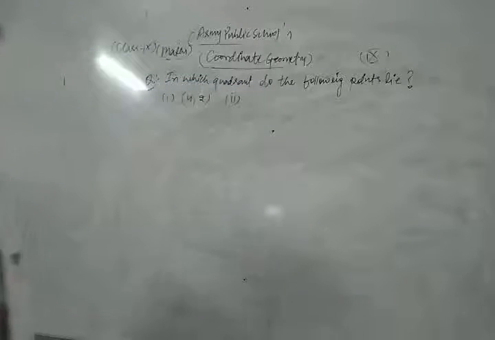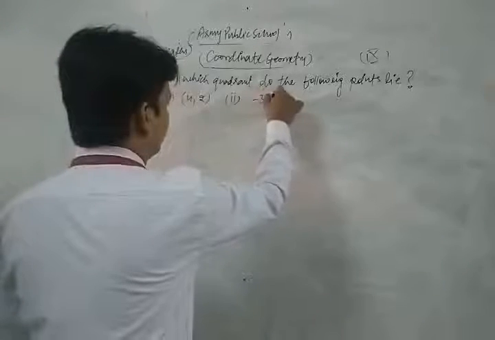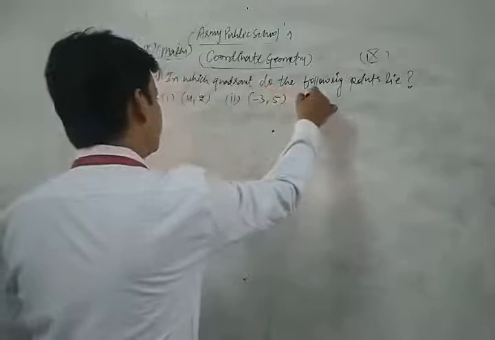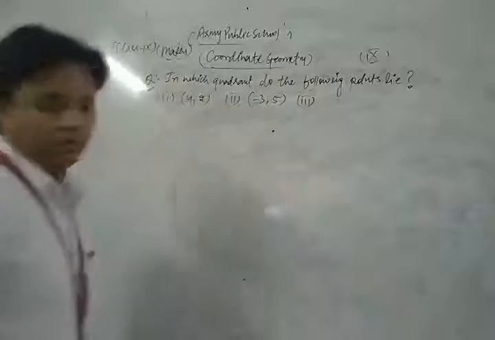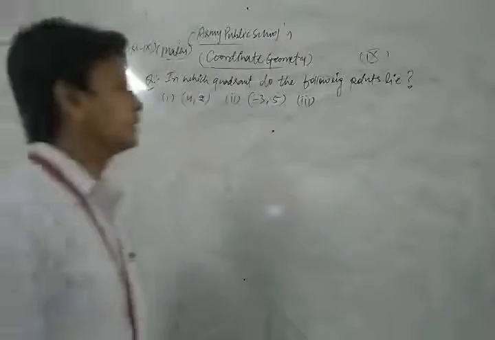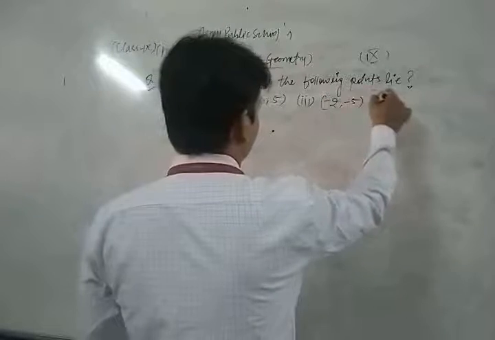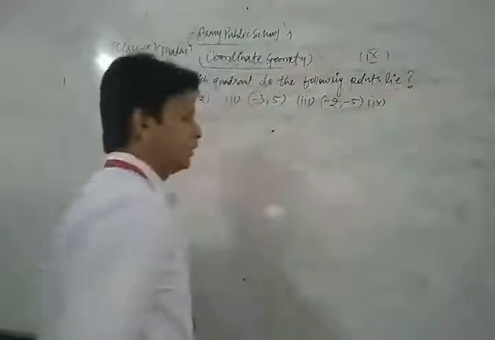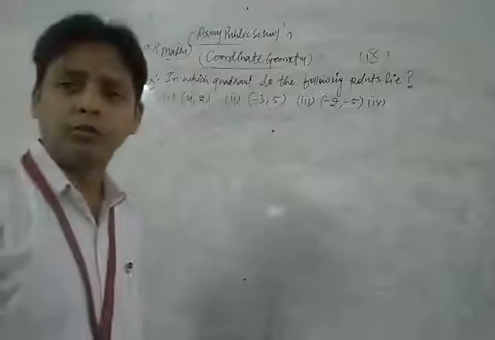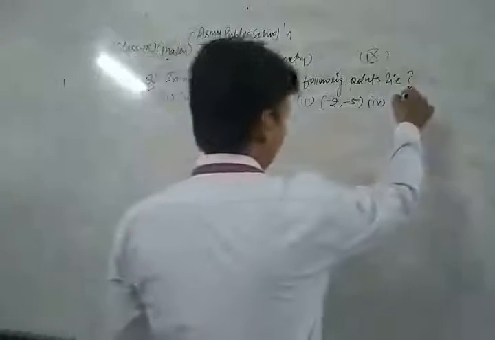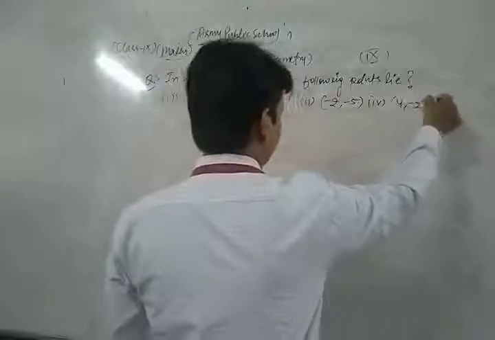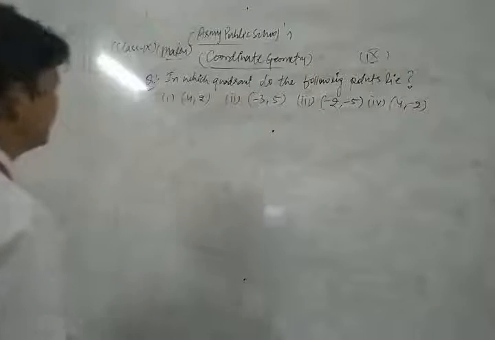The second one is (-3, 5). The third one is (-2, -5). And the fourth one is (4, -2). Now let's see its solution.